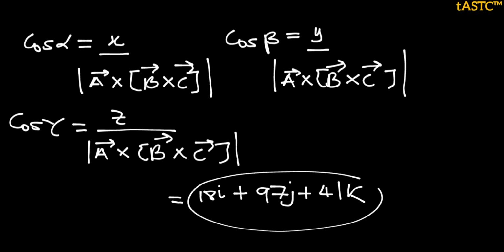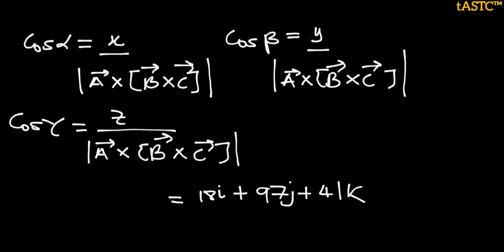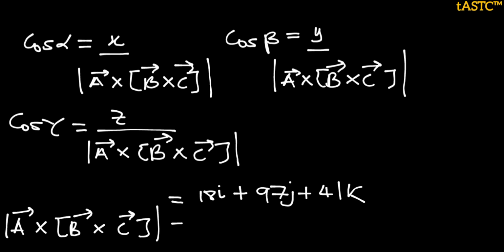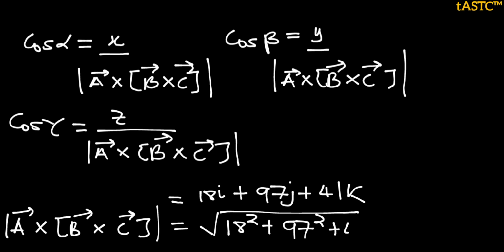So first we need to find the modulus, or the magnitude of this. So the magnitude is going to be equal to 18 squared plus 97 squared plus 41 squared. What is that going to give us?